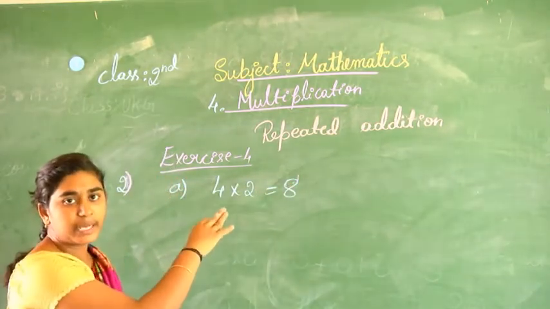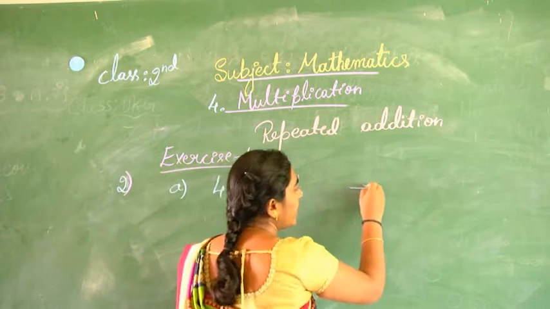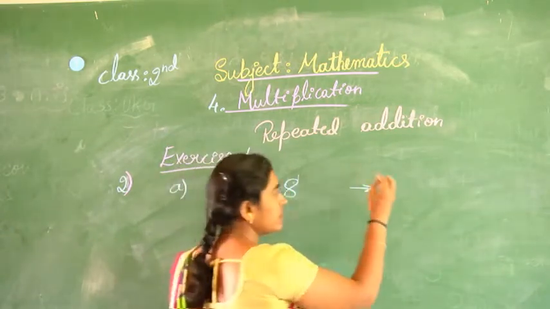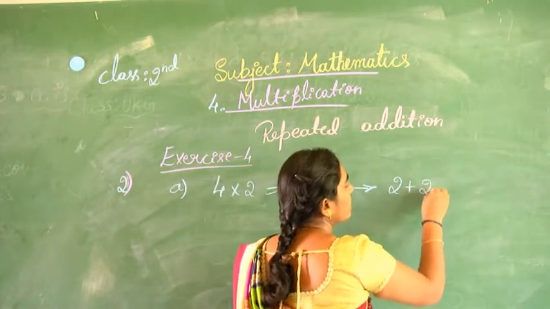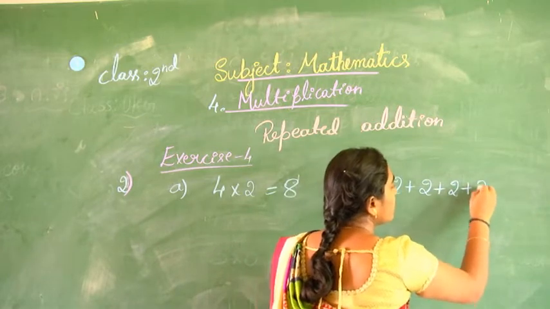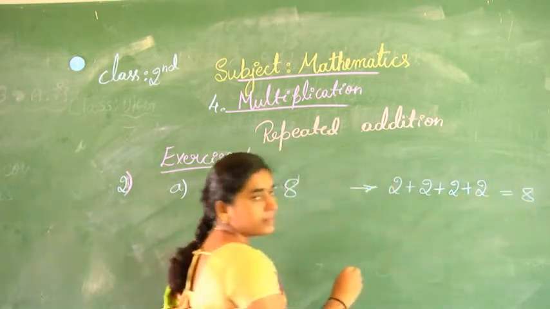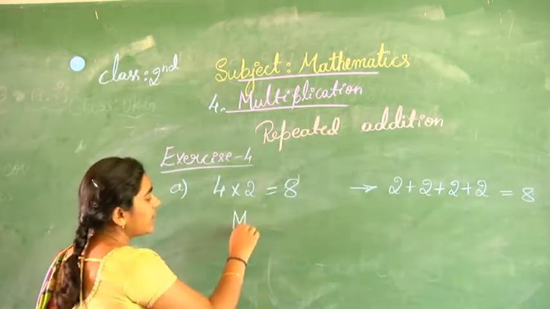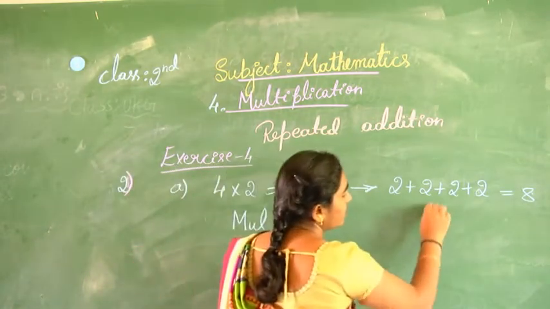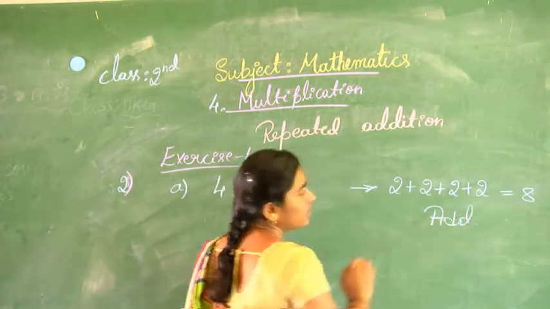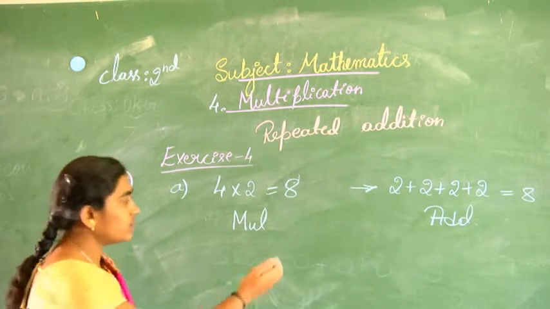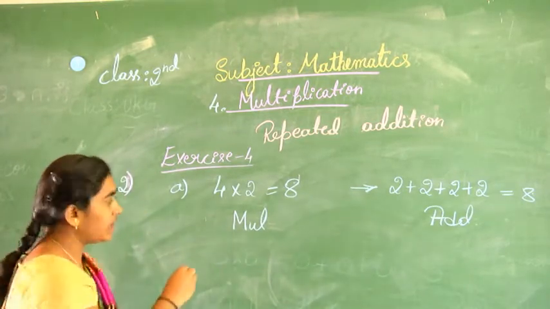This is the multiplication fact. Now what will be the addition fact? 4 times you need to write 2, which will give 8. This is the multiplication fact and this is the addition fact. Plus we are using here, multiply we are using there.